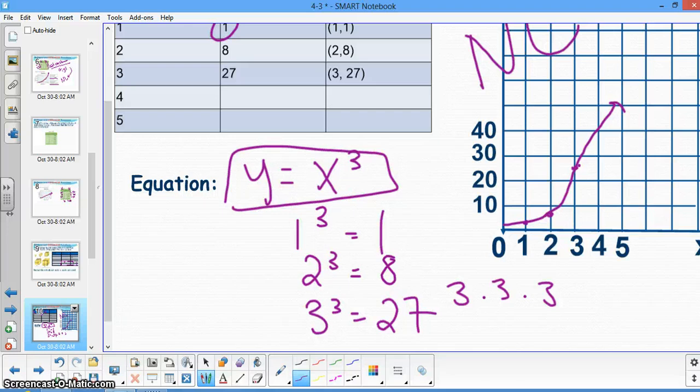4 and 5. So what are those values? If I was to plug in 4 to the 3rd power, what would I get? You should get 64. What about 5 to the 3rd power? You should get 125.